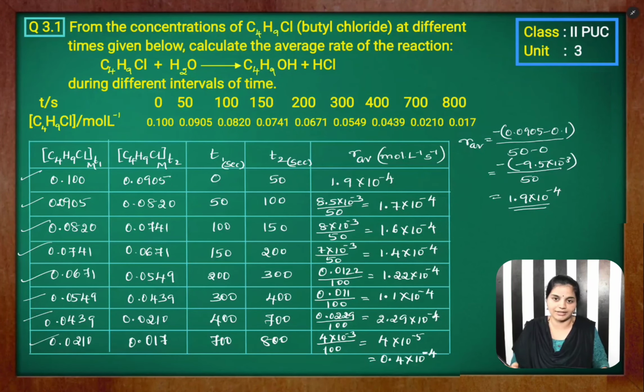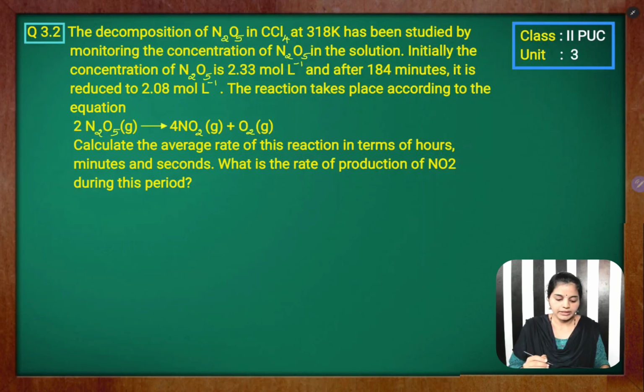Question number 3.2. The decomposition of N2O5 in CCl4 at 318 Kelvin has been studied by monitoring the concentration of N2O5 in the solution. Initially, the concentration of N2O5 is 2.33 mole per liter, and after 184 minutes, it is reduced to 2.08 mole per liter.